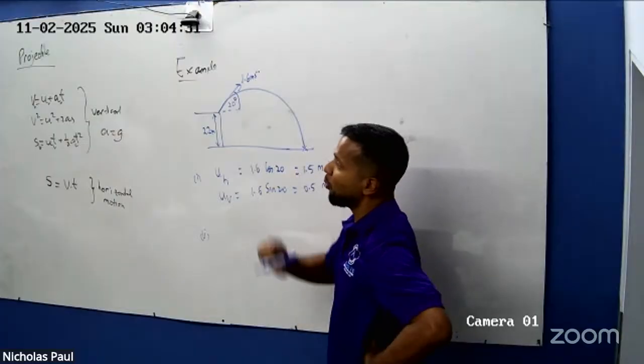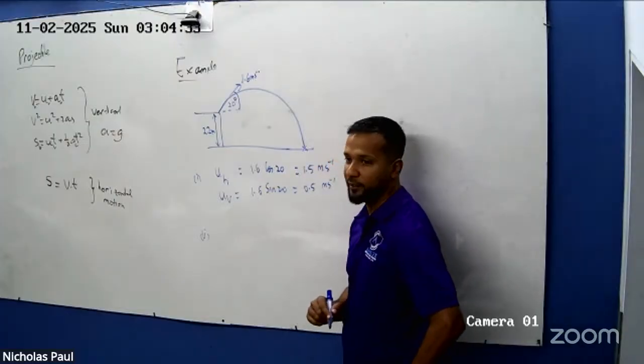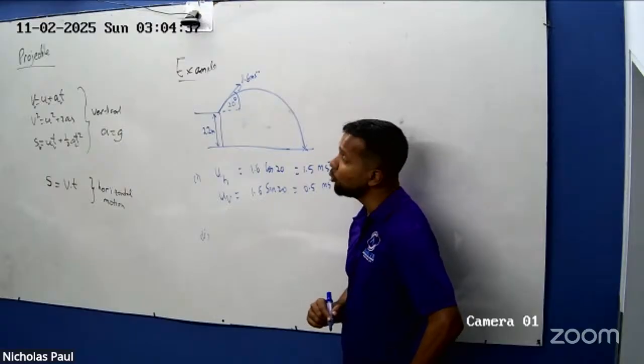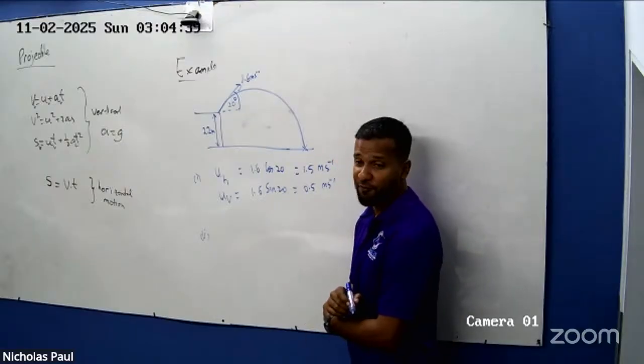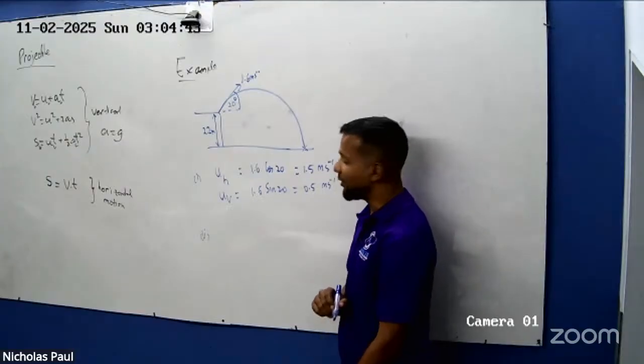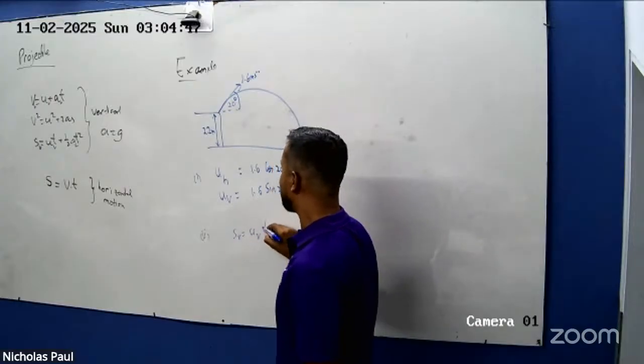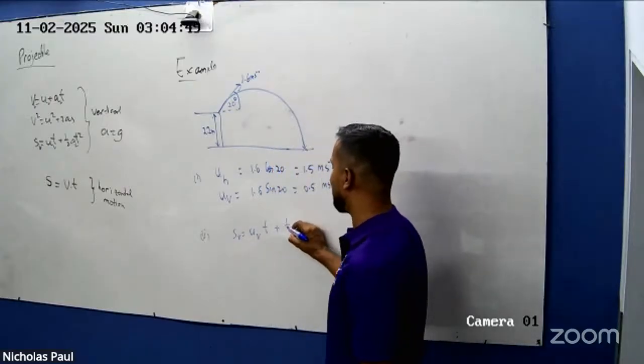So what are we going to use, equation 1, 2, or 3? 2. But do we have v? Right? So we have to use the third equation, Nathan.